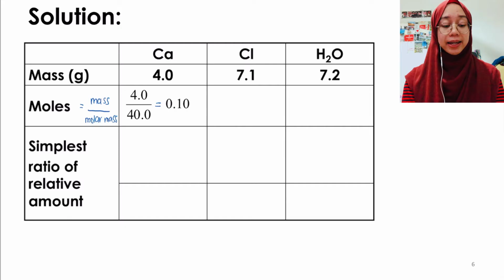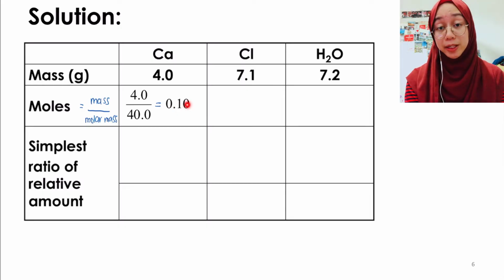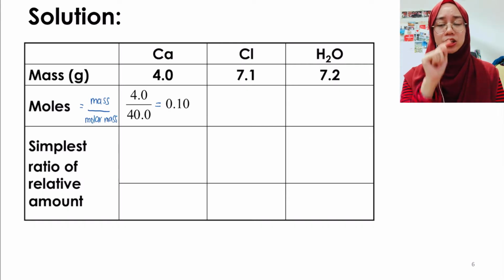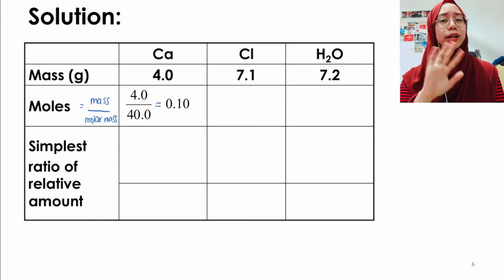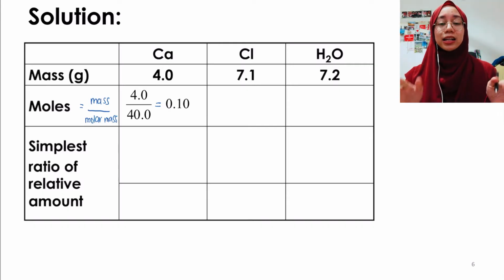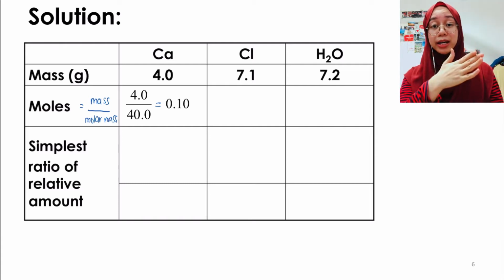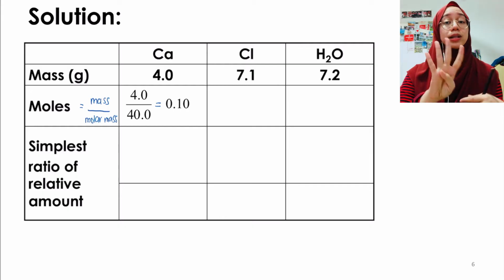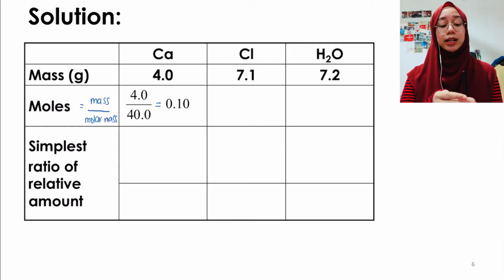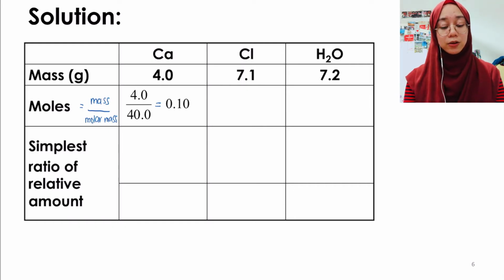But in this case, if you put it in your calculator, you will only get 0.1 actually, so no need to write 0.1000. But when sometimes there are 5, 6, 7 values at the back, take at least 4 decimal places. Later on we will see examples like that, but for now we just look at examples with 2 decimal places.